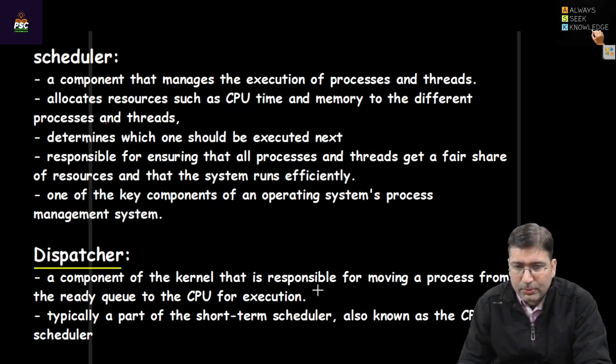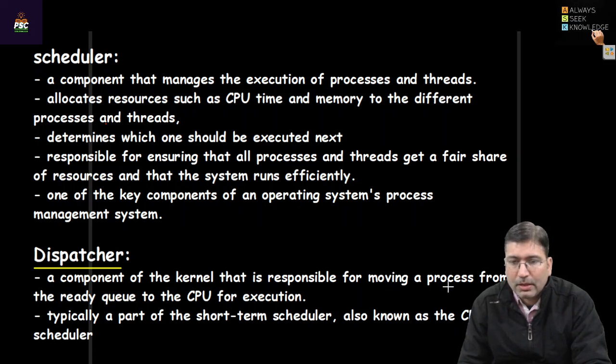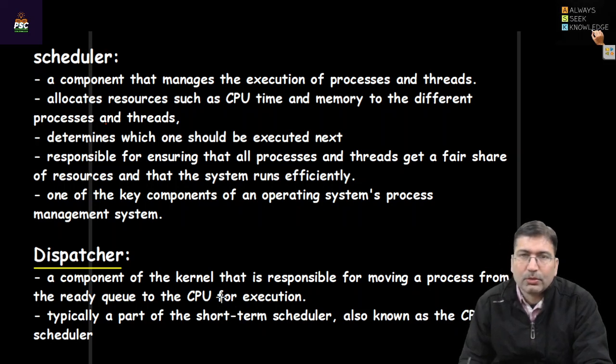This is also a kernel module, responsible for moving a process from the ready queue to the CPU execution state, right? So the dispatcher takes the responsibility to switch the process. If the scheduler decides which process will move from ready to execution state, the dispatcher does the rest of the work after the scheduler's decision. Typically we consider it a part of the short-term scheduler, included inside it, right?